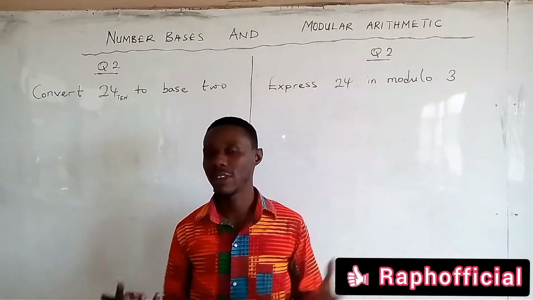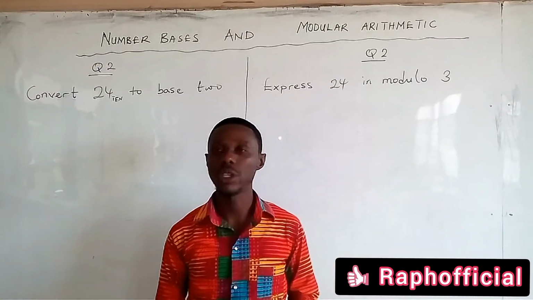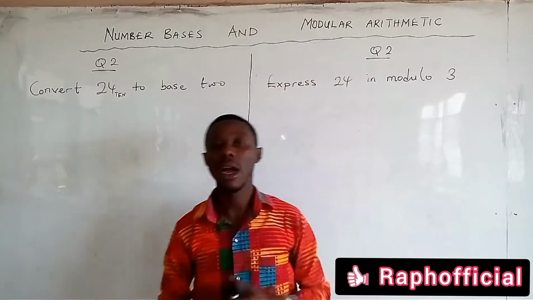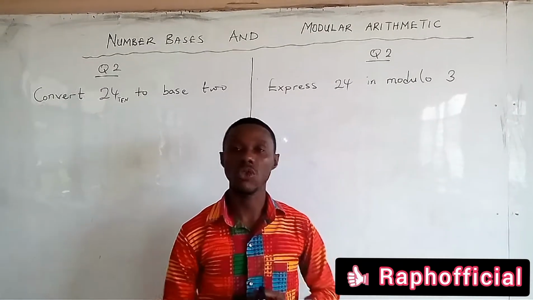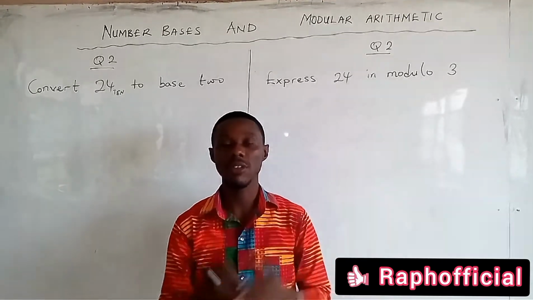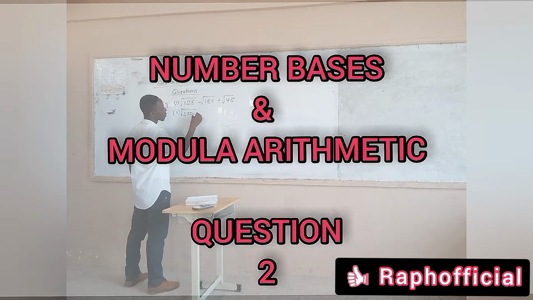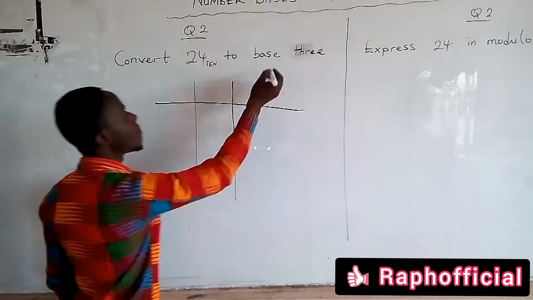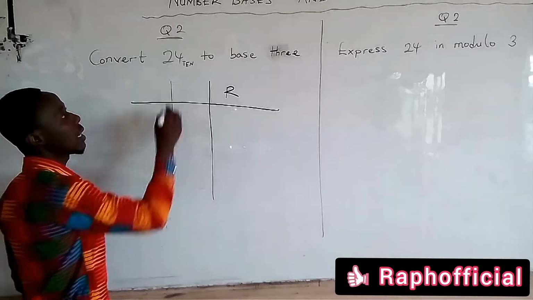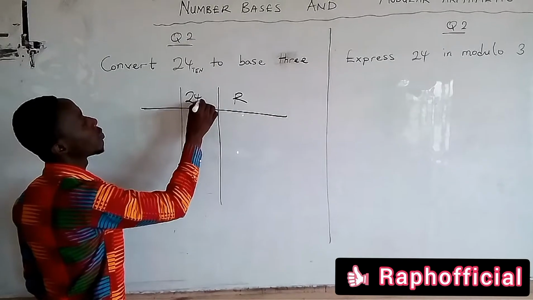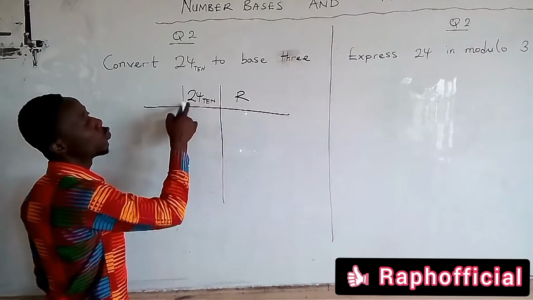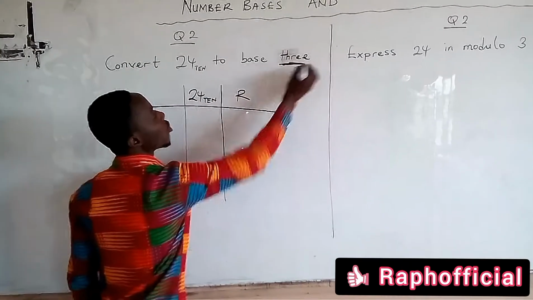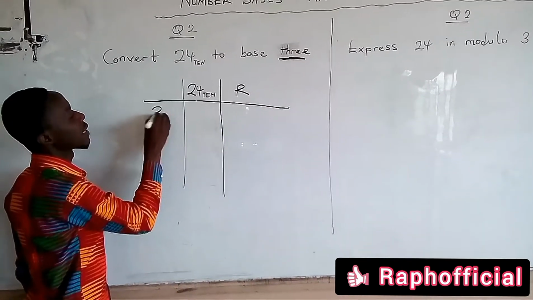Now, a recap of the whole thing. The second part of this, we have to distinguish between number base and modular arithmetic, and we are using this question, that is question 2. We have done question 1. We have here 24 base 10, which we are supposed to convert to base 3.